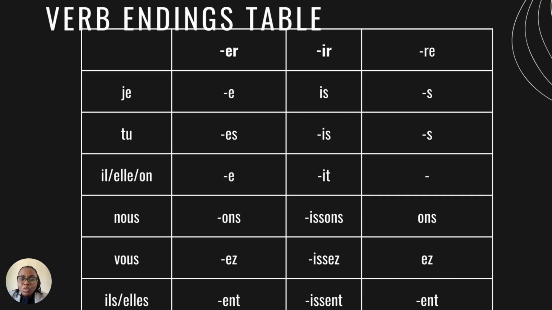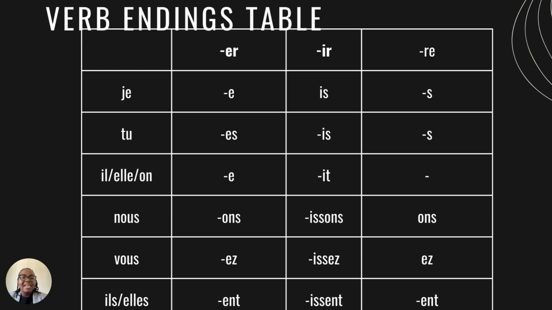Then nous, which means we, the first person plural. Then vous, which is the second person plural, so you plural or formal. Then ils and elles, which means they: ils for an inclusive group of men and women, and elles for an exclusive group of women. Each ending will correspond to the subjects.